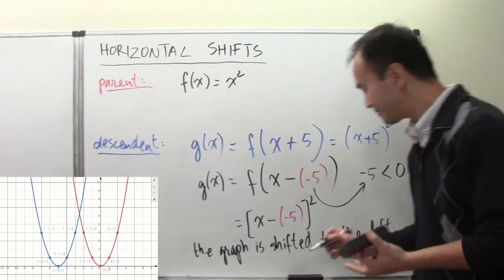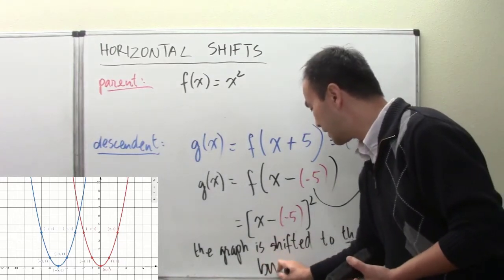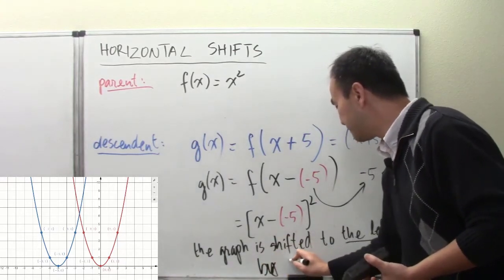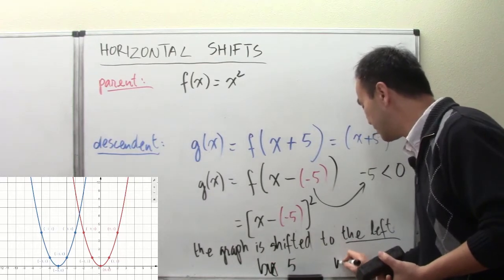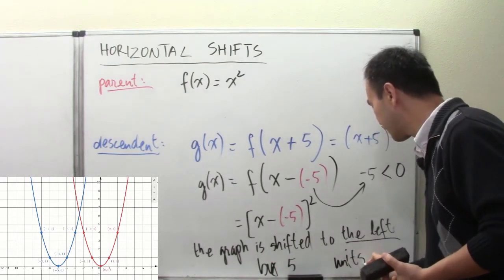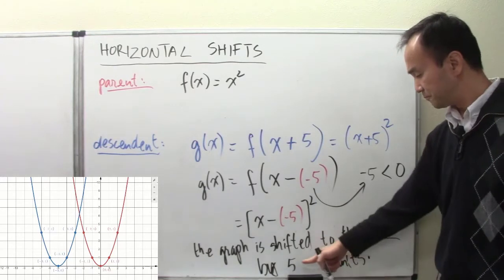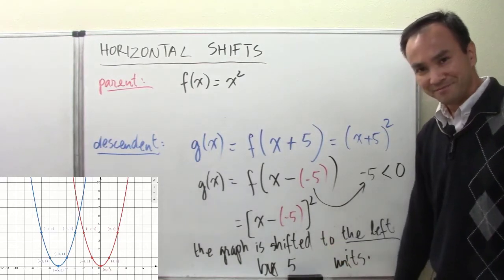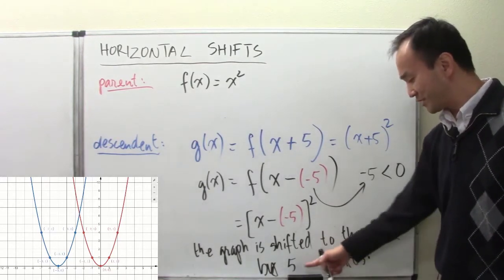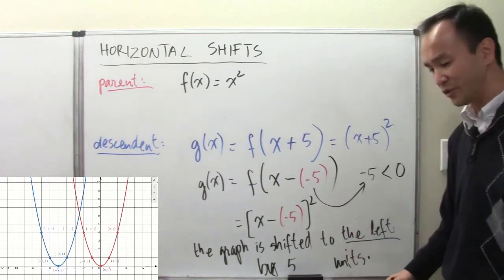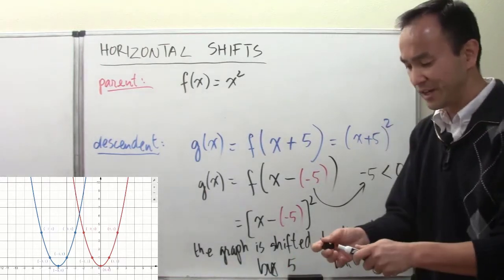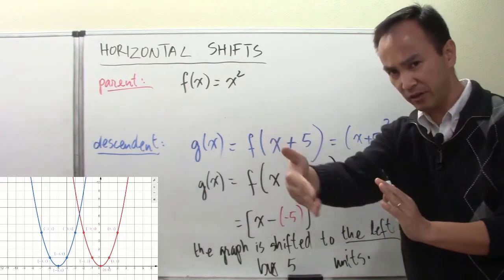But by how far? By 5 units. I have a reason to show so much space here, because I want you to understand a little further. We say 5 units because we have the grids here when we count.